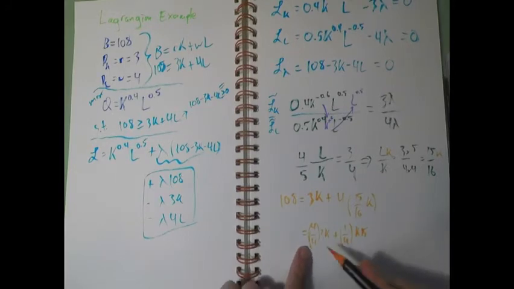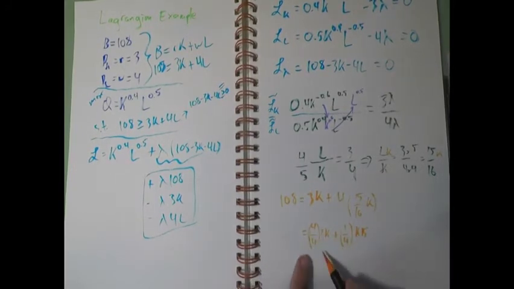And now, since we multiply by 4 over 4, we've got this denominator we can work with. So 4 times 3 is 12k over 4, right, which is just 3k, plus 15k over 4. 12 plus 15, that is what, 27k over 4 is 108.